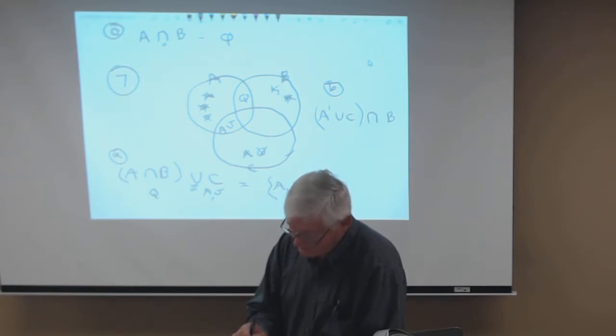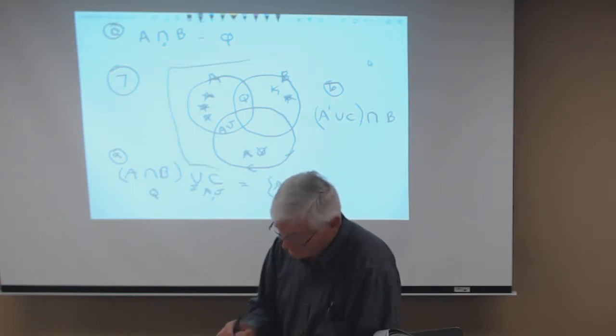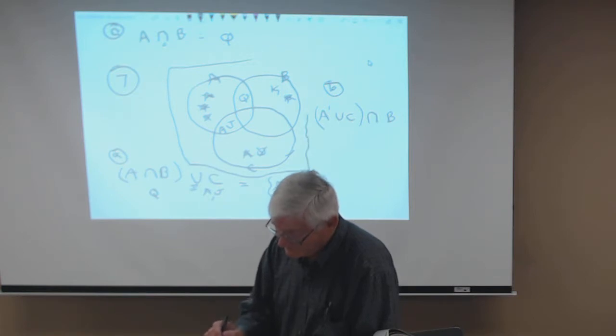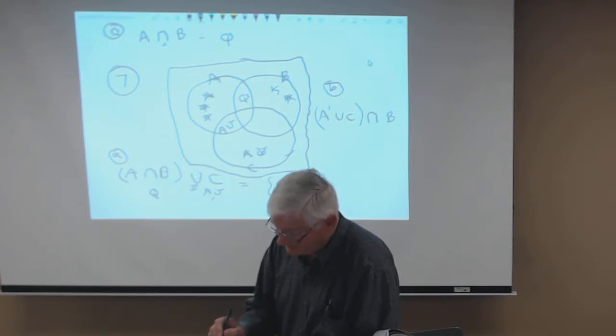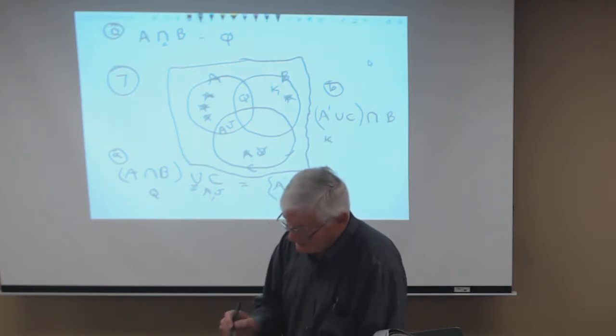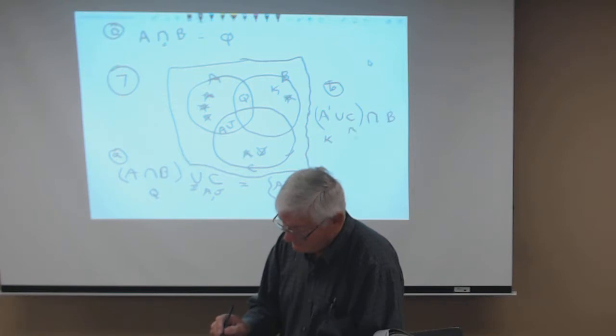Everything in the universe that's outside of A. What would that be? That would be king, wouldn't it? What's C? Ace and jack. What's the union of those two? King, ace, jack. Everybody agree?